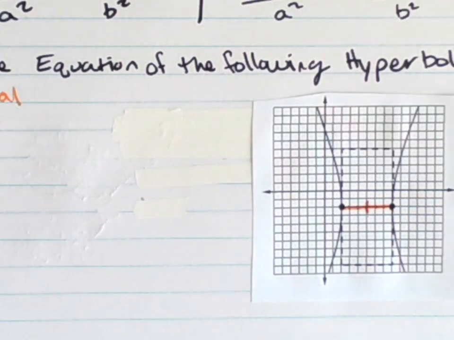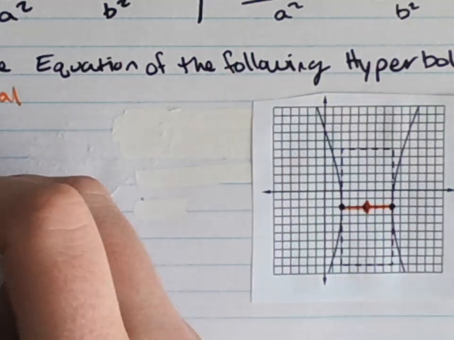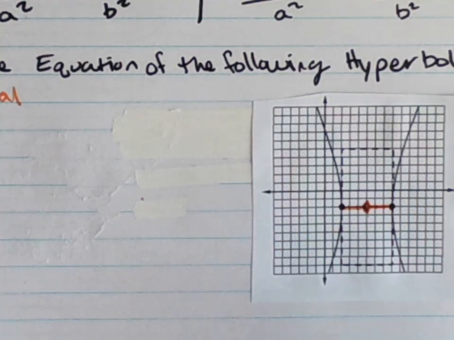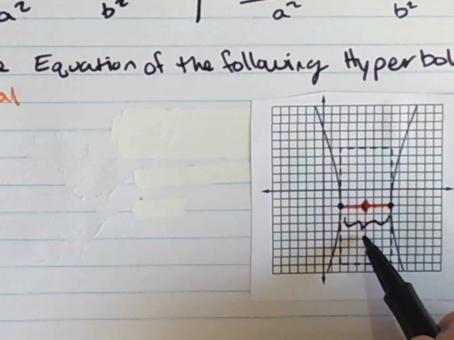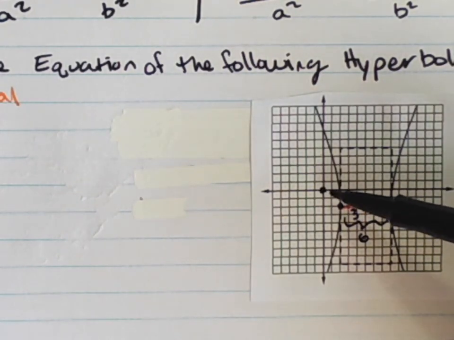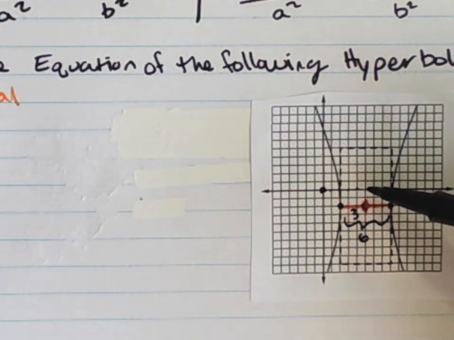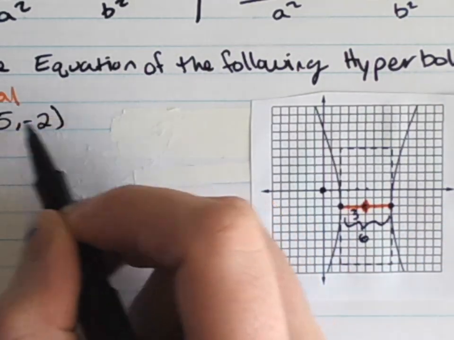So it's about right there is the middle. So that coordinate is going to be my center. So again, if this whole thing was 6, this is 3. And if this is 0, 1, 2, 3, 4, 5, negative 2 is our center.